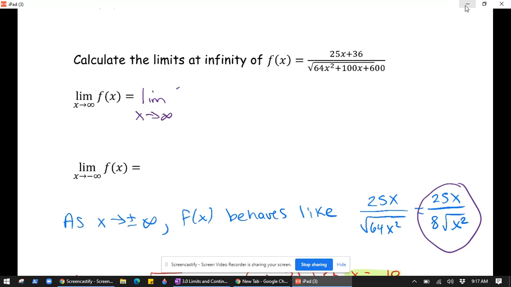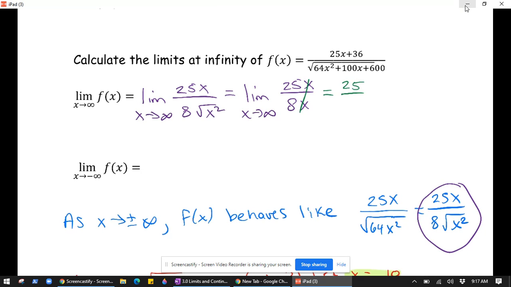So it's the same as this limit here. Okay, but remember, we've got to pay attention to the fact that the square root of x squared could mean something different. So in this case, the square root of x squared is just x. And again, that's because x is going to positive infinity, so we're talking about positive x values. That cancels, and we clearly see that the 25 over 8 is the remaining ratio. So that limit is 25 over 8.